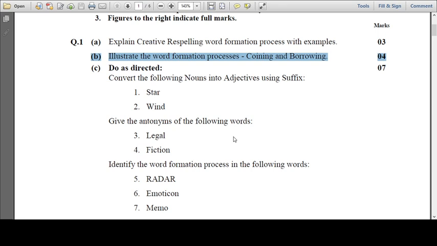So this is called the borrowing process. If you take more examples, then Bengal, bungalow, jungle, loot, shampoo. These are the Hindi words that are directly taken into the English language.